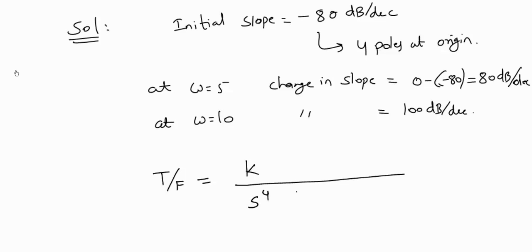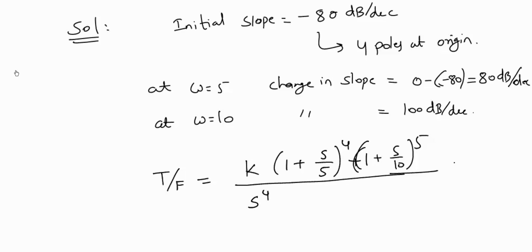Then at omega equal to 5, if you observe here the change in slope is positive. So here we have 1 plus s by 5 whole power 4 into 1 plus s by 10 whole power 5. So this is the overall transfer function.